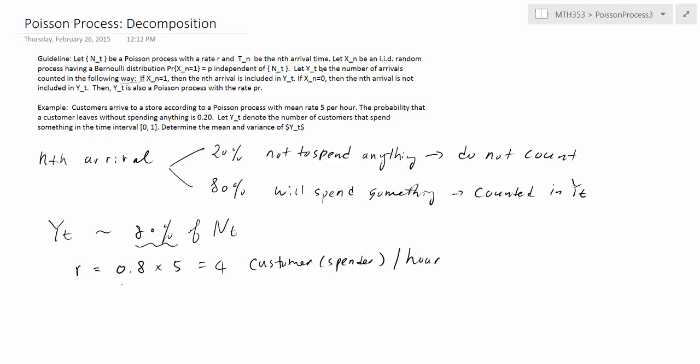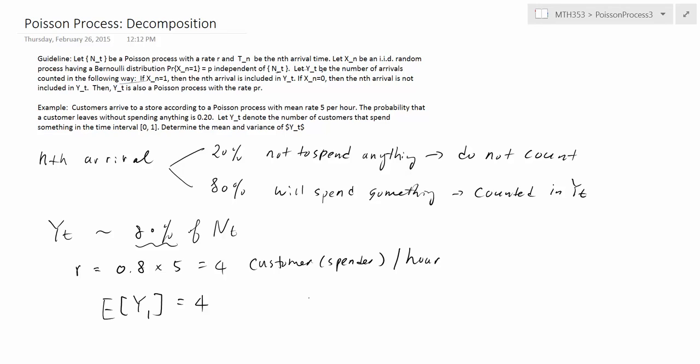And if we want to find the expected value of Y(1), where time is 1 here, that's simply 4. How about the variance?